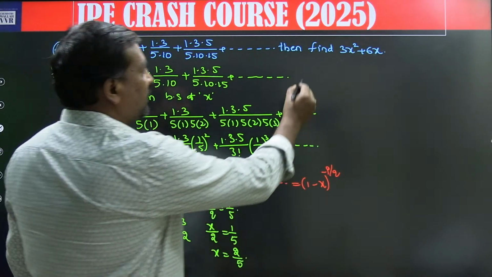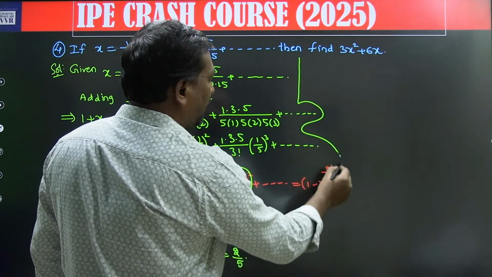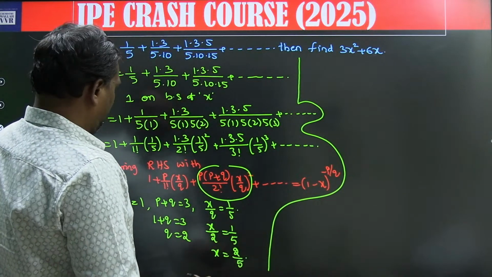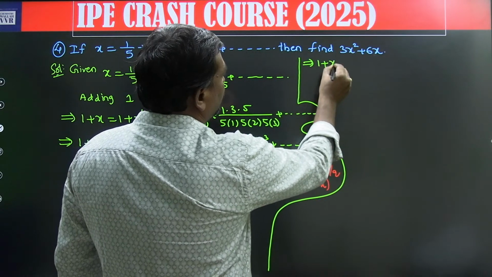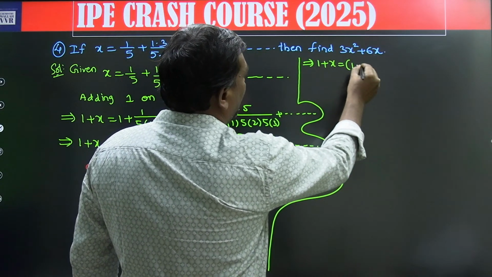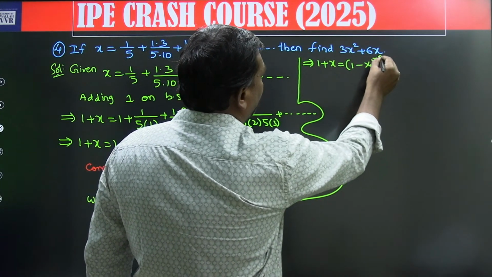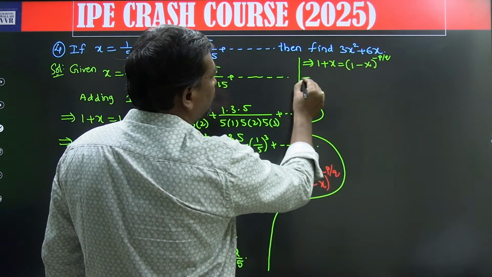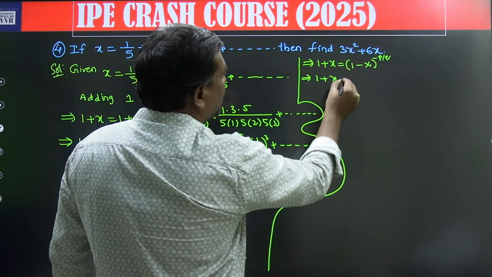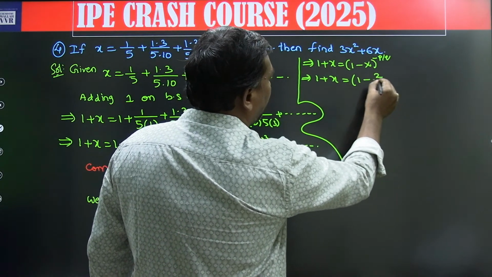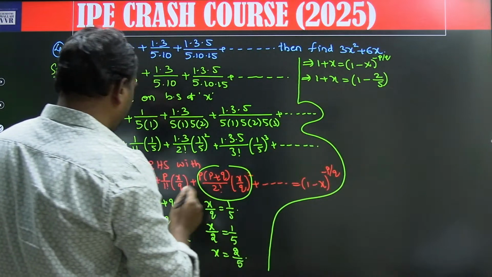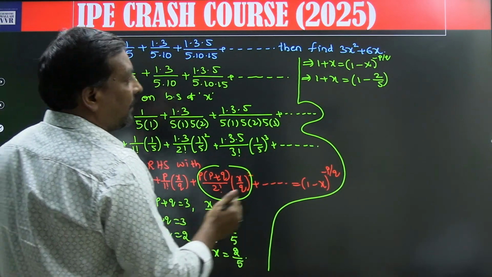Now if you write the solution, 1 plus x is equal to (1 minus x) whole to the power of minus p/q. 1 plus x is equal to (1 minus 2/5) whole to the power of minus 1/2.